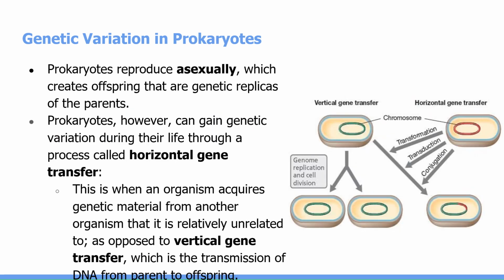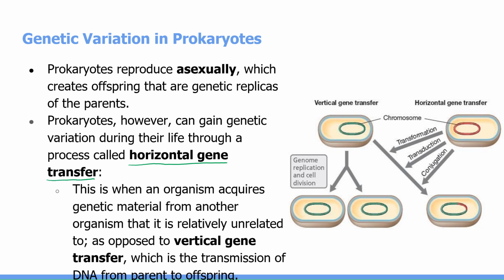Since prokaryotes reproduce asexually, the offspring are genetic replicas of the parents. But there is a way for these prokaryotes to create new genetic variation, and that's the process of horizontal gene transfer.